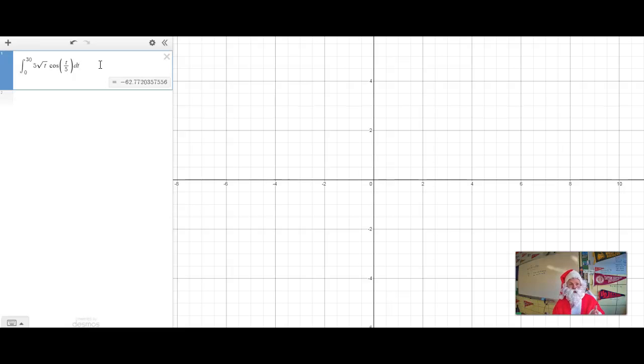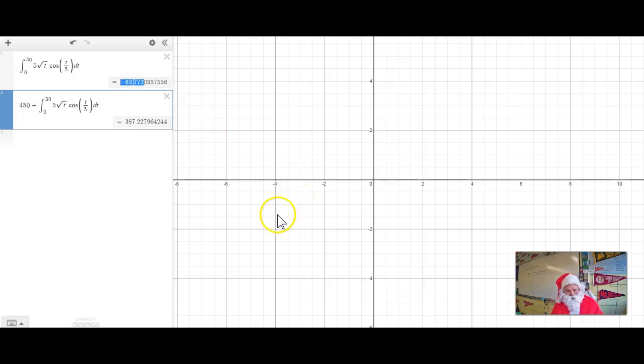In fact, we still have stink bugs in the house because if you remember, we started off with 450, and then I could just add to that the integral, and so this right here, 387, that's how many stink bugs are in the house on day 30. This number right here, negative 62, that's how many stink bugs we lost between 0 and 30. Make sure we understand that distinction.